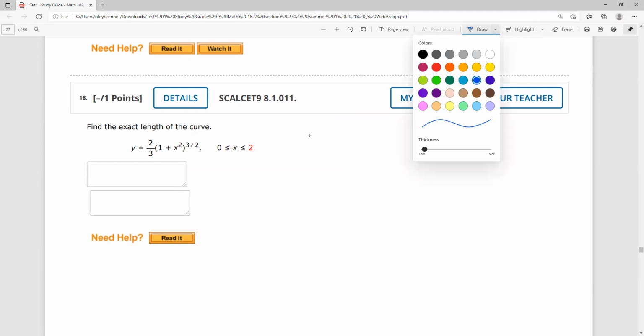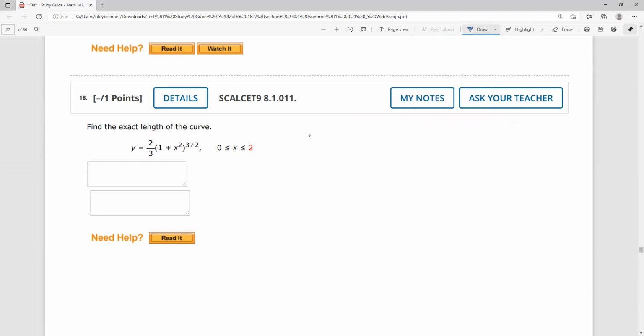Okay, so who can tell me the arc length formula? L is equal to, I'm already wrong here. L is equal to what? Assuming we're doing it with respect to x. I'm going to write it as f prime of x.